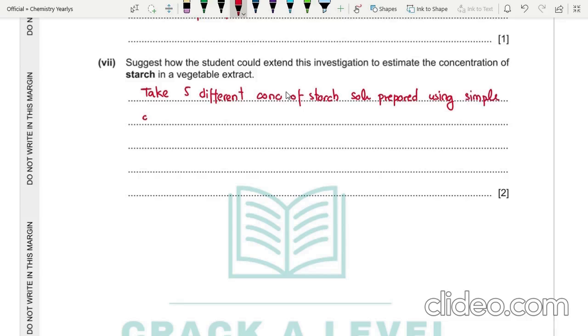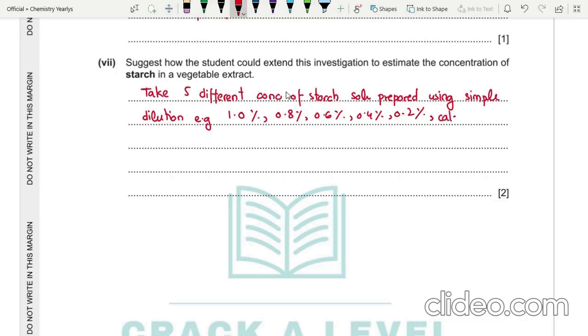You can also provide numerical values of the concentration: 1%, 0.8%, 0.6%, 0.4%, and 0.2%, and you could also write the percentage at the end of all these values one time.